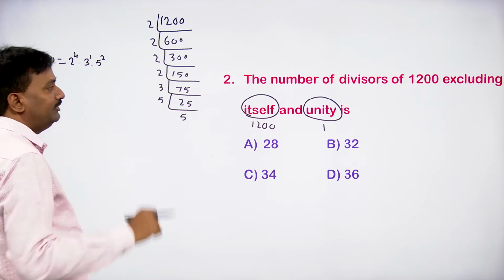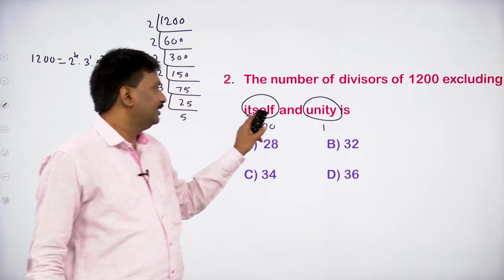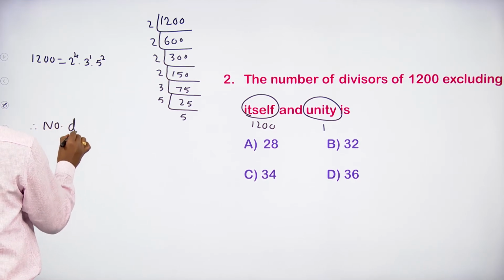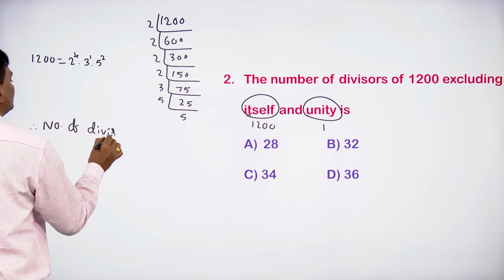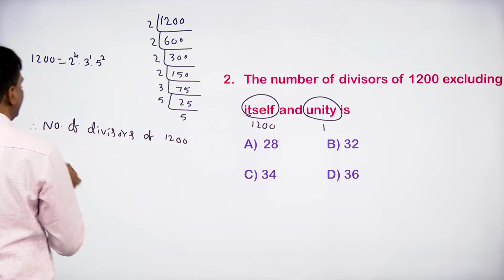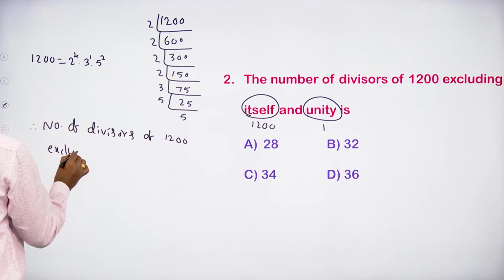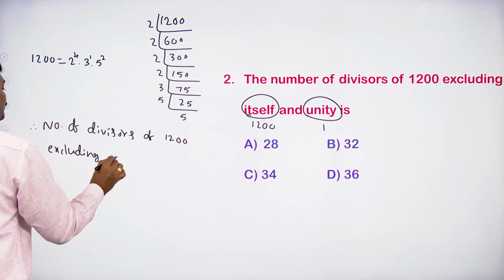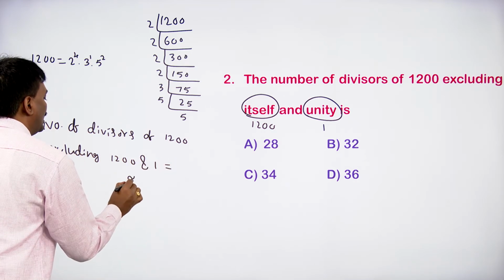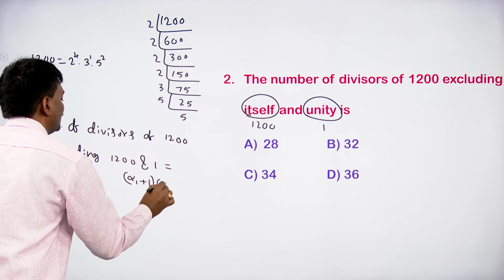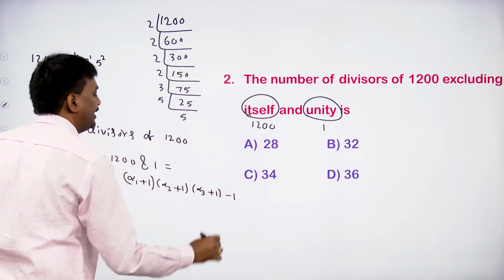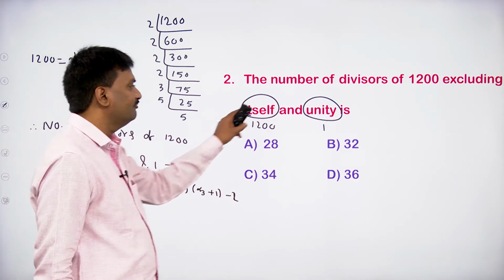So the number of divisors of 1200 excluding 1200 and 1 equals (alpha 1 plus 1) into (alpha 2 plus 1) into (alpha 3 plus 1) minus 2, excluding the number itself and unity.